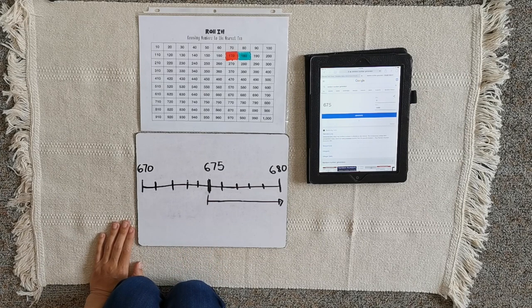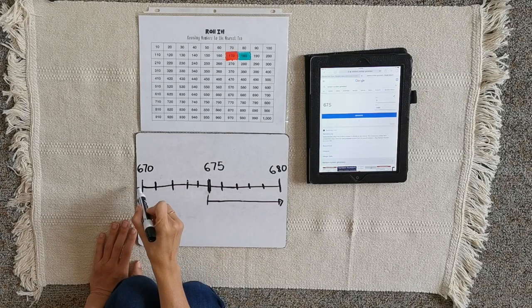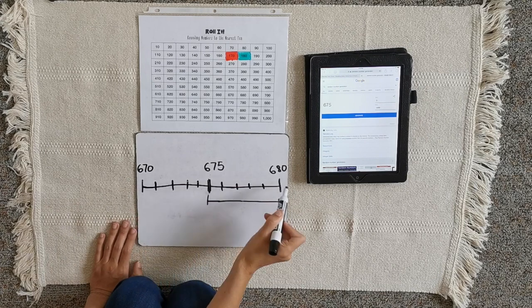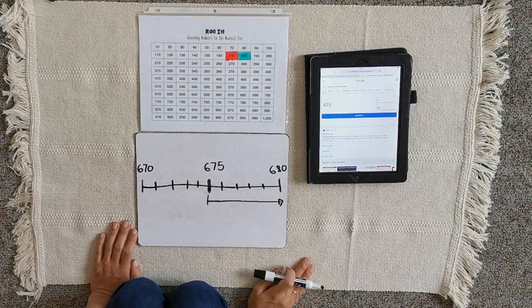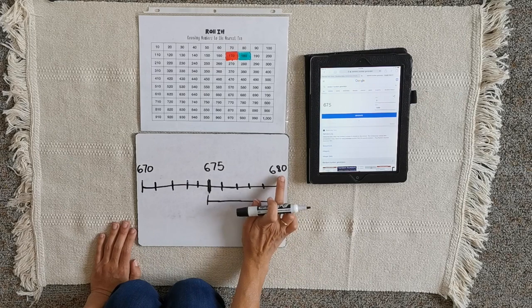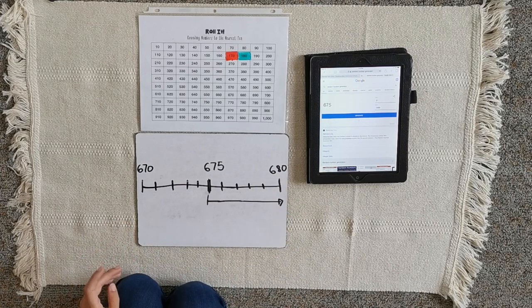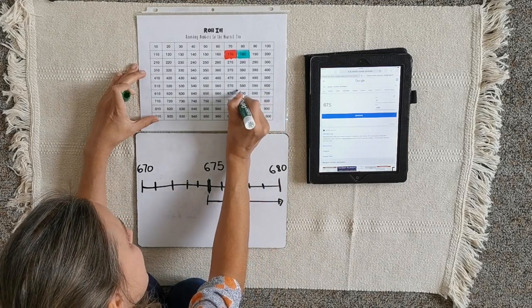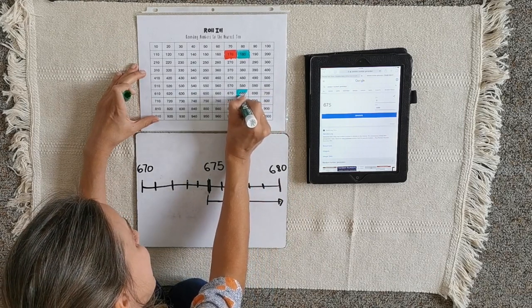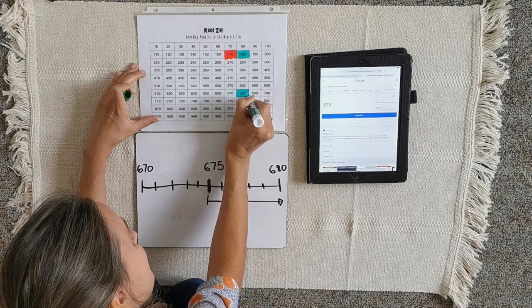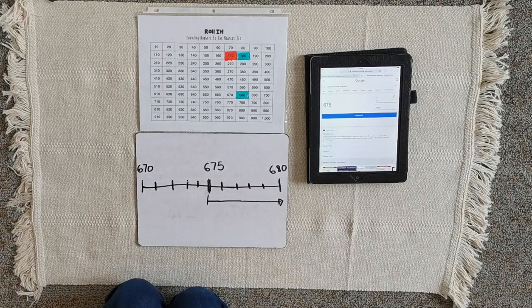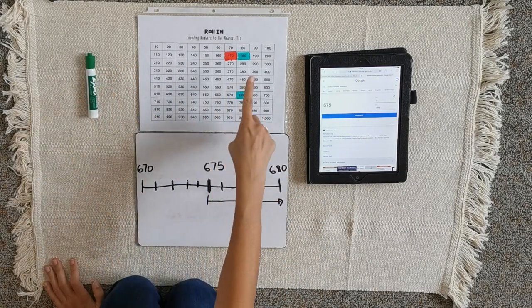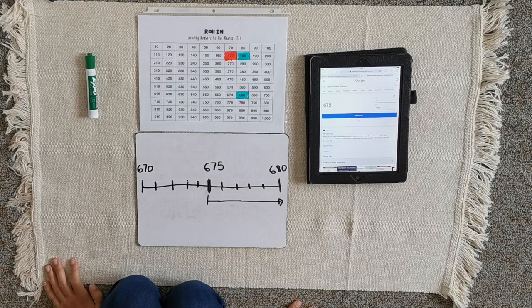So what can we do? Is it closer to the smaller 10 or to the greater 10? You remember? Yeah, closer to the greater. So let's look for 680. And ta-da! This base is mine. You see, when you have 4 in a row in this game, you win the game.